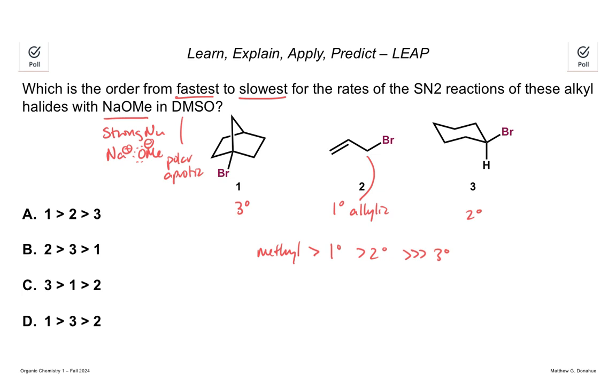So when we look at converting that number 1, 2, or 3, we're just going to stick it in that order. So substrate number 2 will react the fastest, so greater than 3. And then substrate 1 essentially won't react, so it's going to be last. So then we find what response matches that, and that would be B.